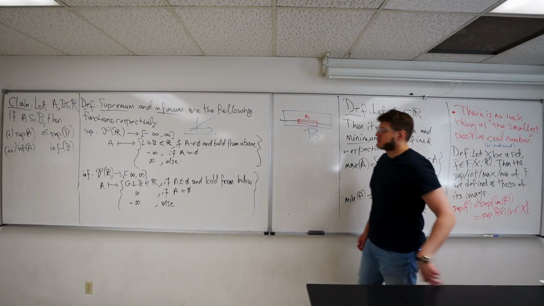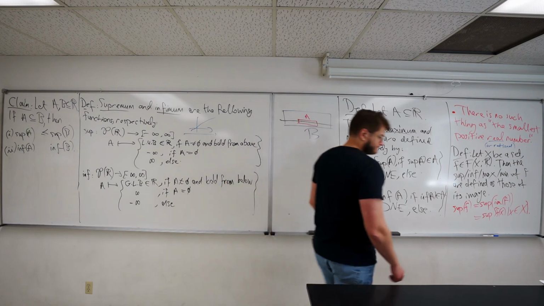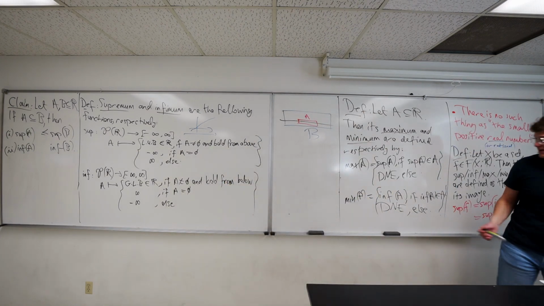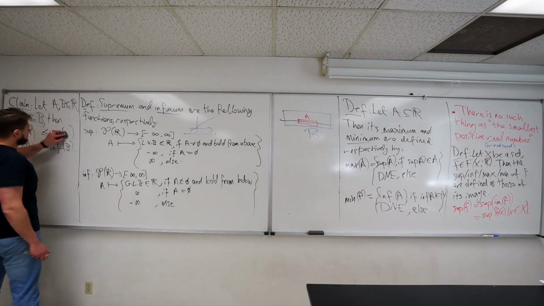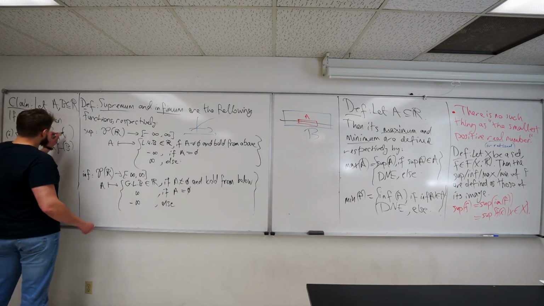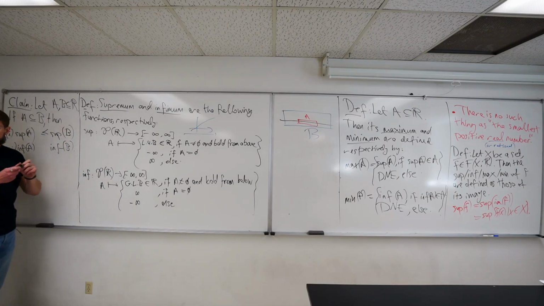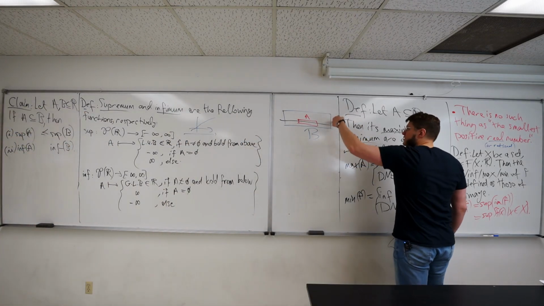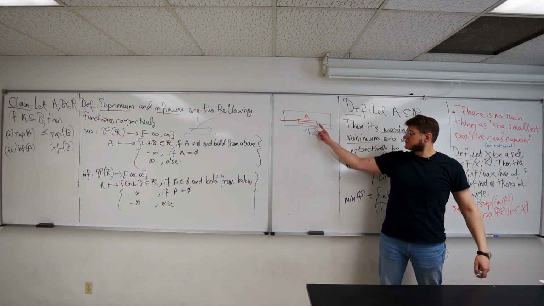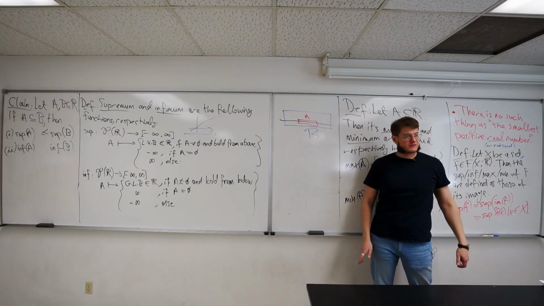Now, sup of B, this right-hand side, is the best upper bound for the larger set. So it's basically this, and it seems like sup of A is to the left of it.